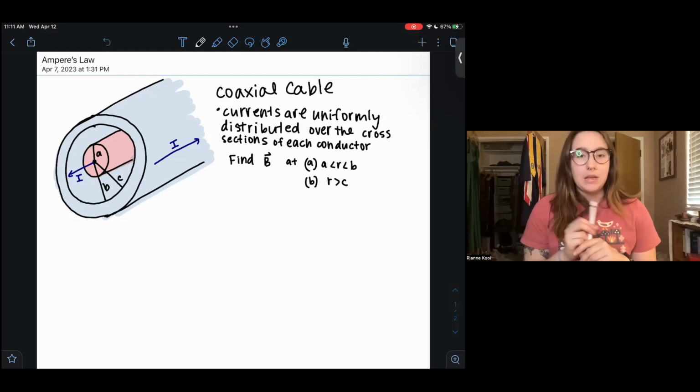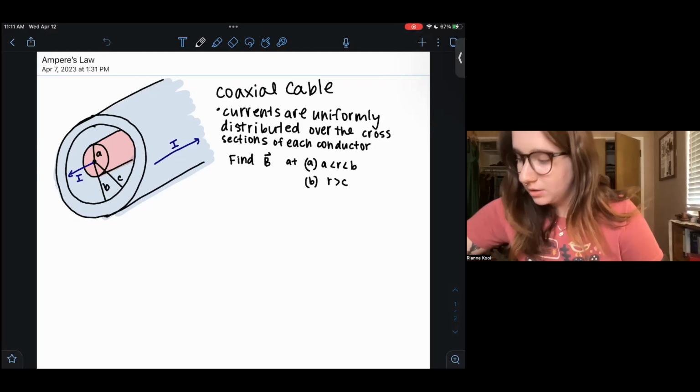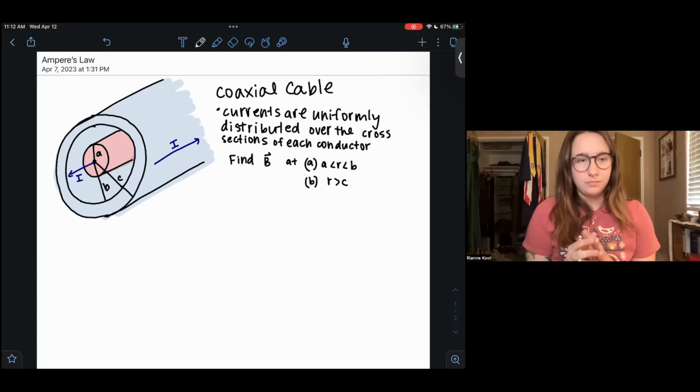And we want to find the magnetic field in between the cables, so between R equals A and R equals B. I did not draw this correctly. That is C. Okay.